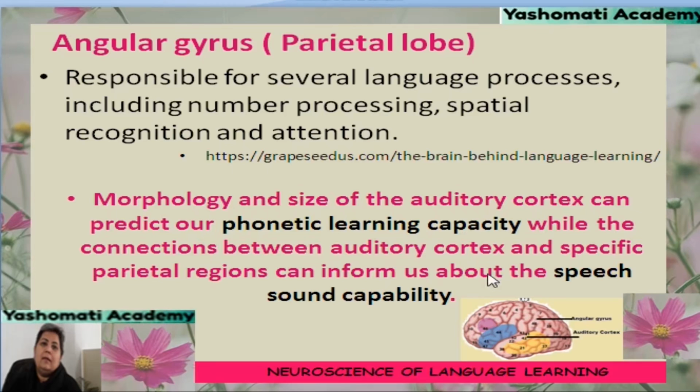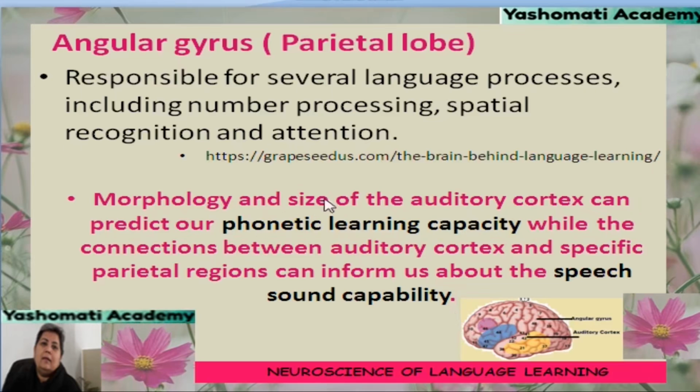Then next comes morphology and size of auditory cortex can predict phonetic learning capacity, while the connection between auditory cortex and specific parietal regions can inform us about the speech sound capability.